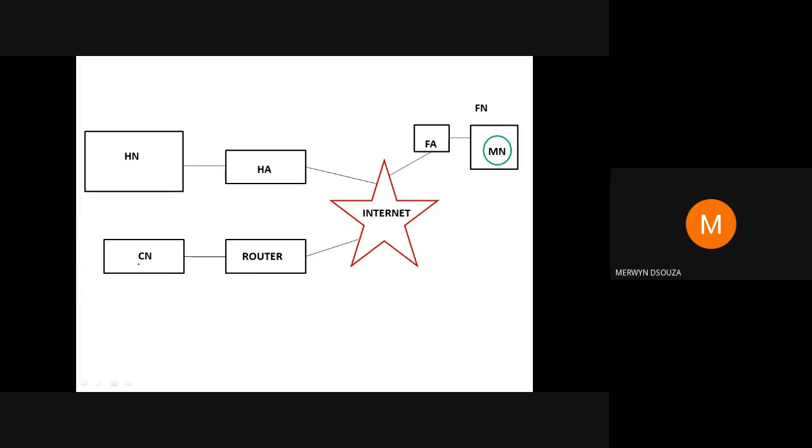So it will prepare its data, put the address of the CN, and forward it to the foreign agent. The foreign agent through the internet will deliver the packet to the router of the CN, and the router then forwards that packet to the CN. That is the way MN will reply to the CN.